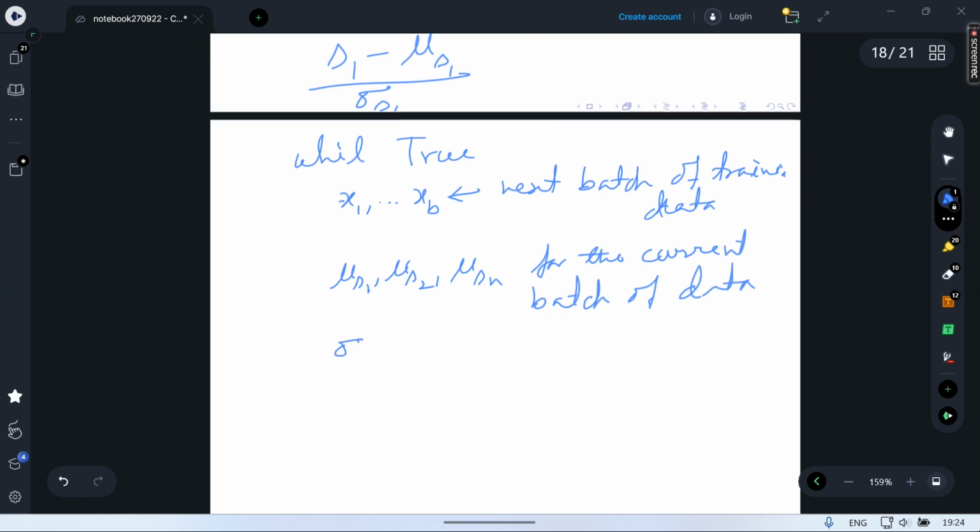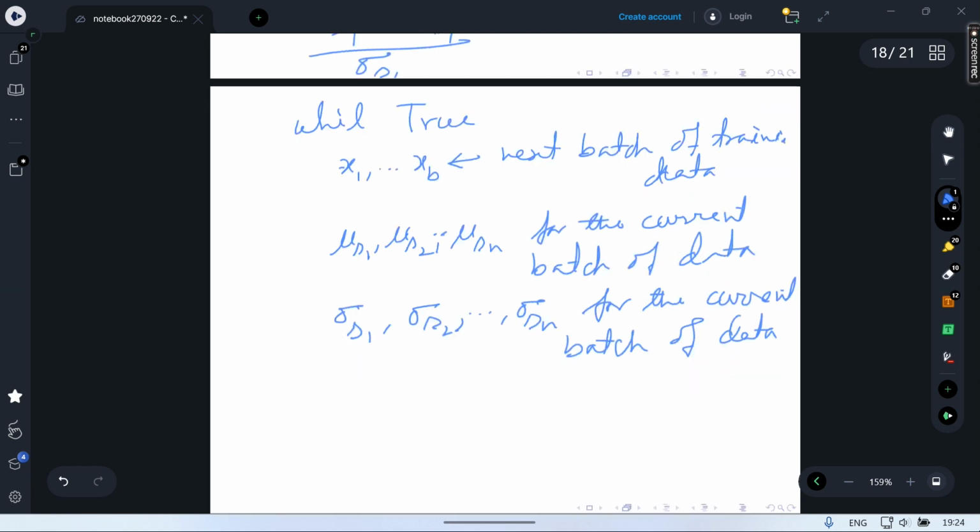Similarly, you calculate the standard deviation sigma S1, sigma S2, sigma Sn for the current batch of data.